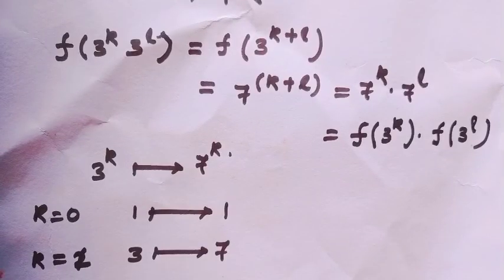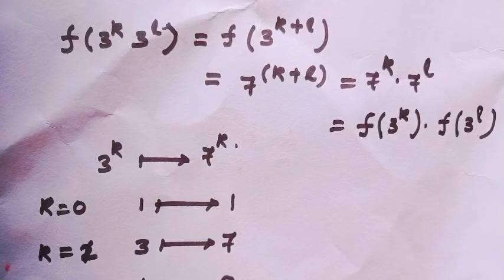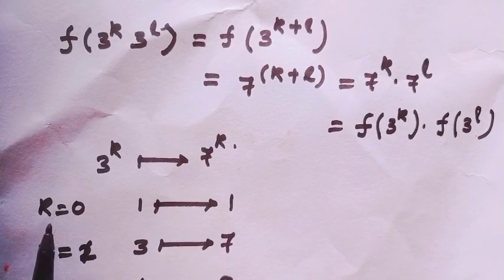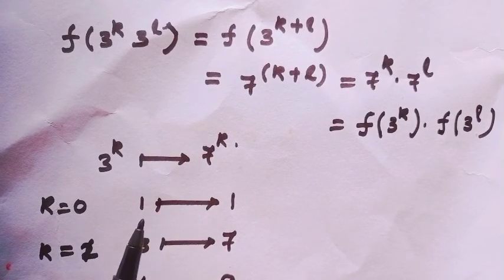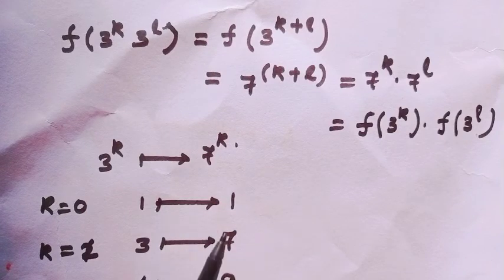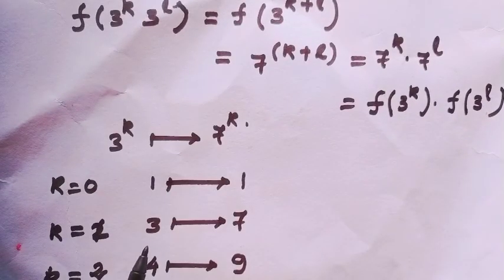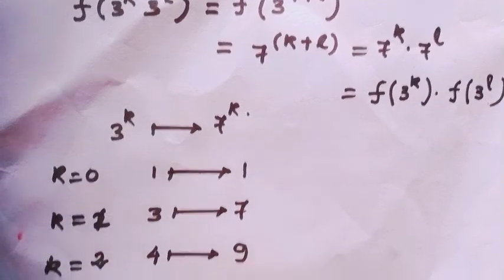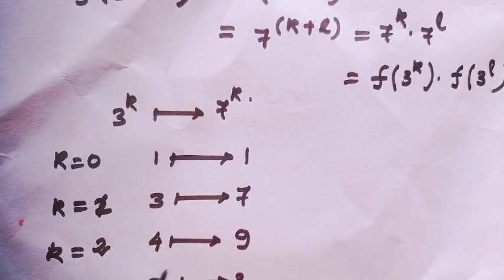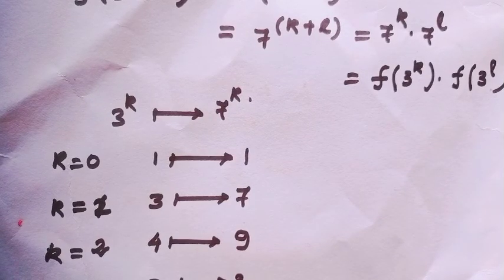Now say this function is one-one and onto. When k equals 0, then 1 sends to 1. When k equals 1, then 3 sends to 7. When k equals 2, then 4 sends to 9. And when k equals 3, then 2 sends to 3. Okay?